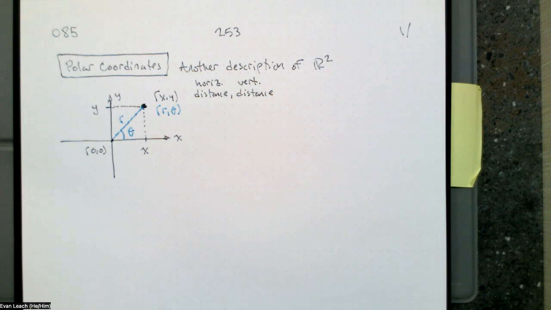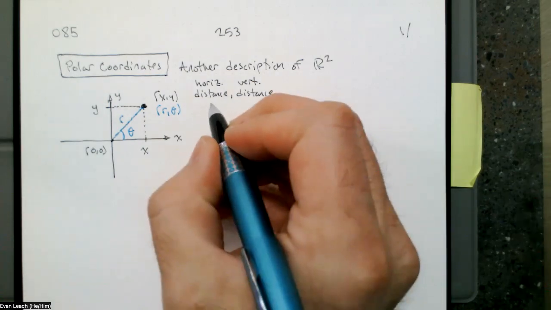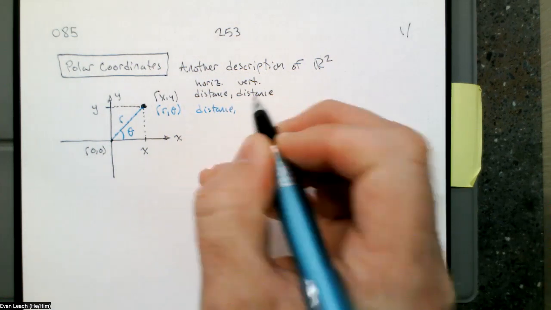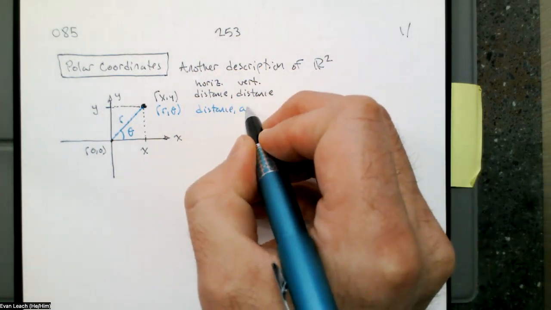So right now, we're learning polar coordinates in terms of rectangular coordinates. But we're describing this with a single distance and then an angle.